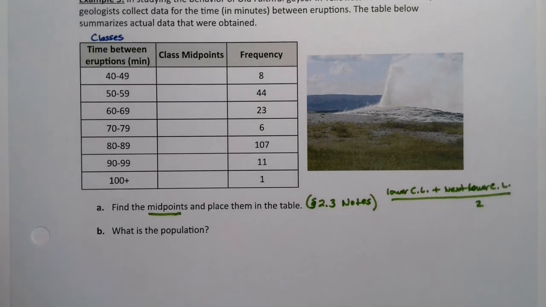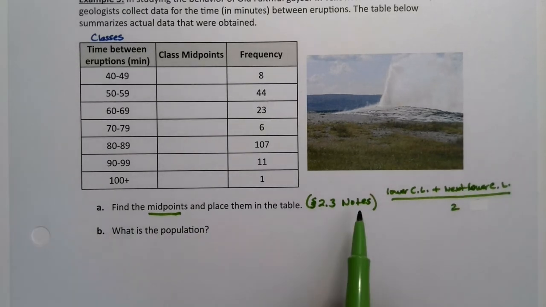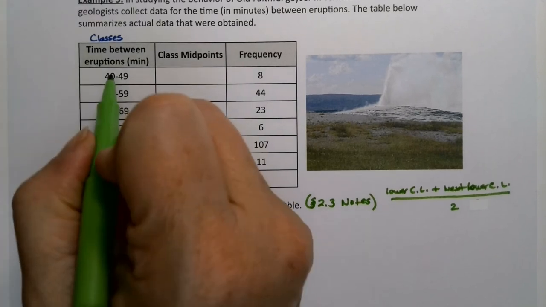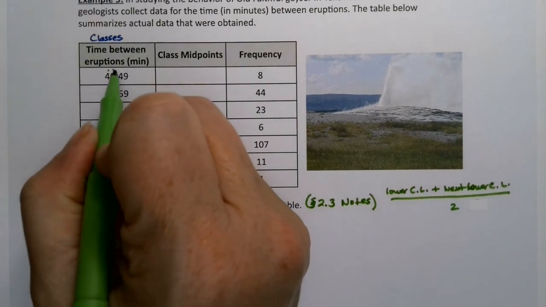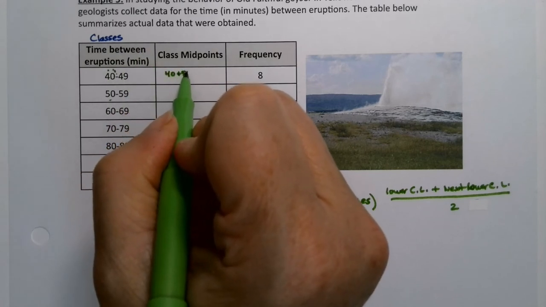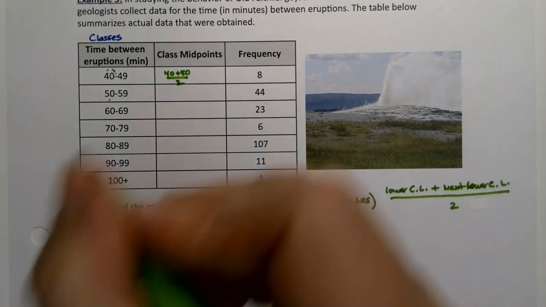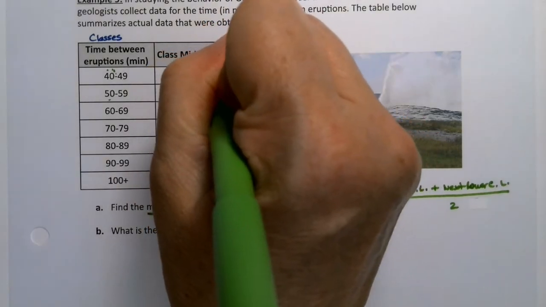All right, so that's the formula for finding the class midpoint. We learned it in section 2.3. So you're going to take 40 and 50, add them up and divide by 2, and you would get 45. So 45 is this midpoint.